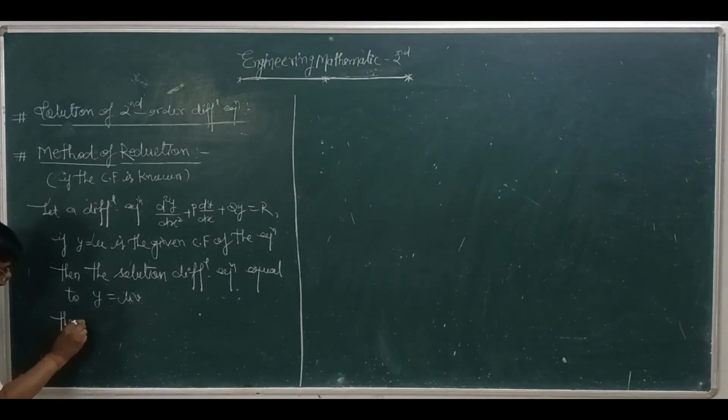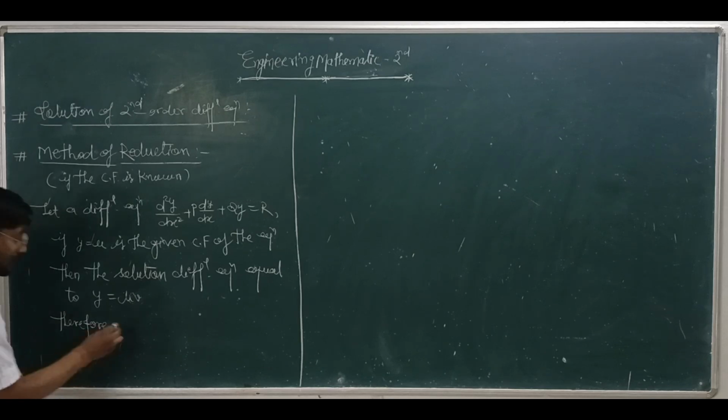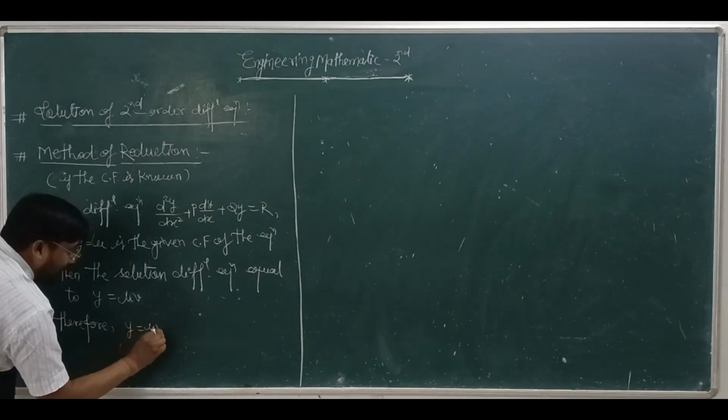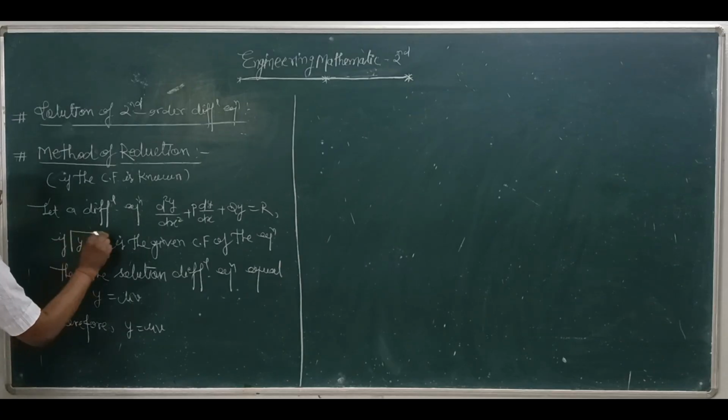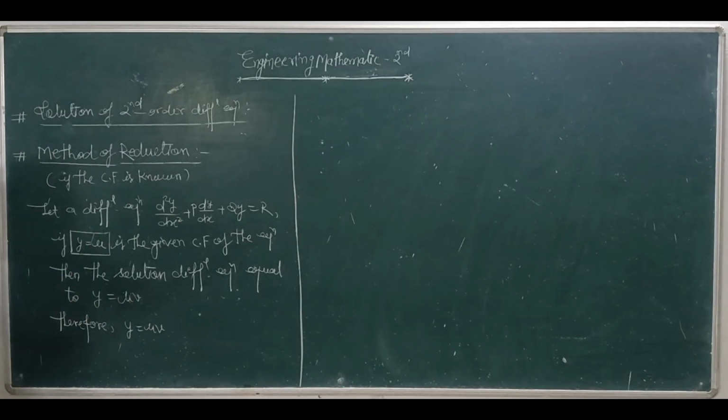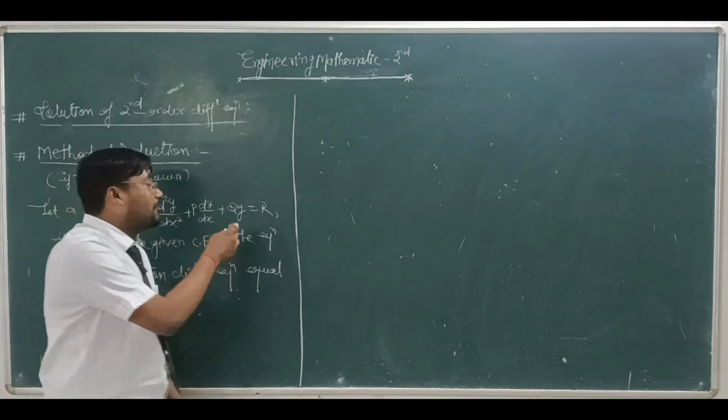Therefore, y = uv is the solution of the given differential equation, and y = u is the first CF of the given equation.